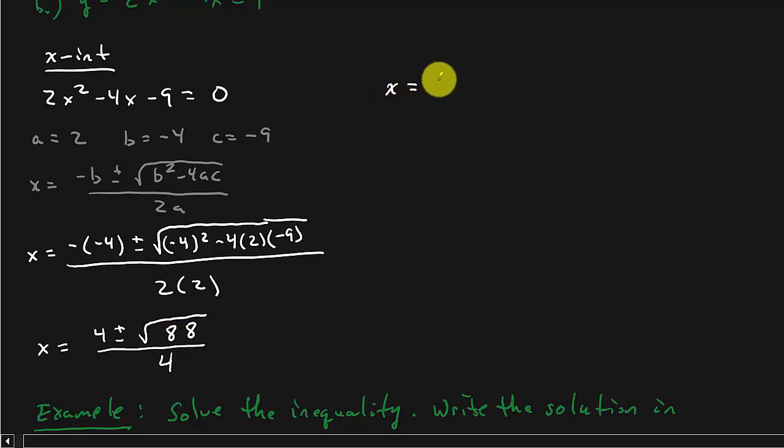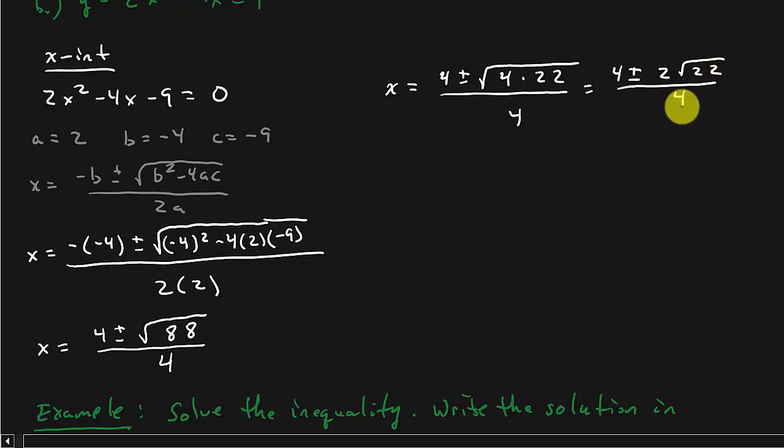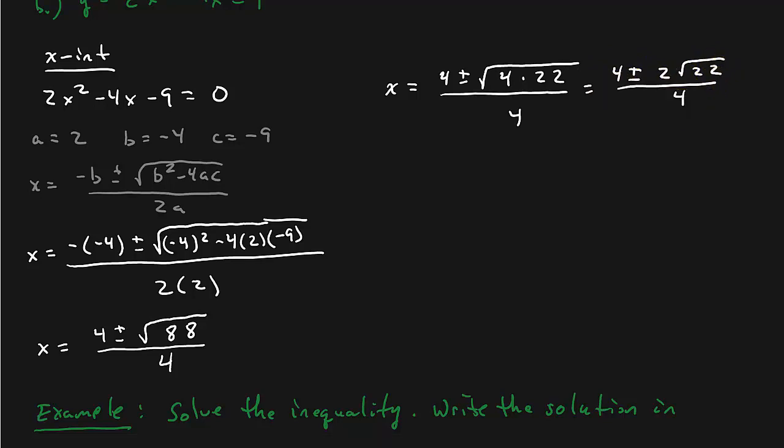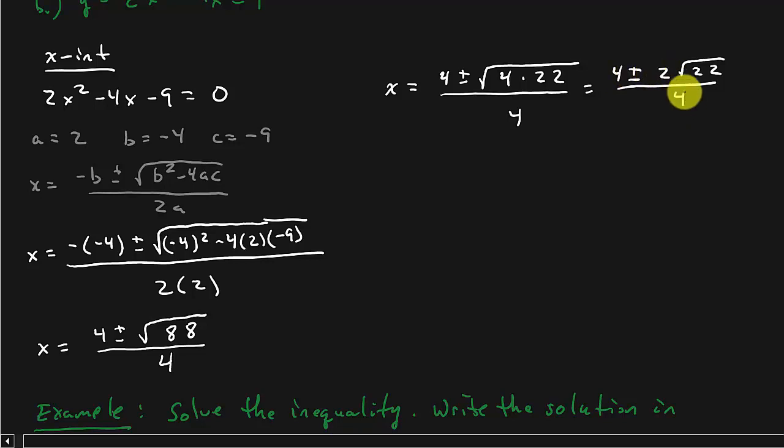So x is equal to 4 plus or minus the square root of 4 times 22, over 4, which equals 4 plus or minus, square root of 4 is 2, so that's 2 square root of 22, over 4. And then we can see that 2 goes into each of these evenly. So 2 goes into 4 2 times, goes into 4 2 times, goes into 2 once. And so I get x is equal to 2 plus or minus the square root of 22, over 2.